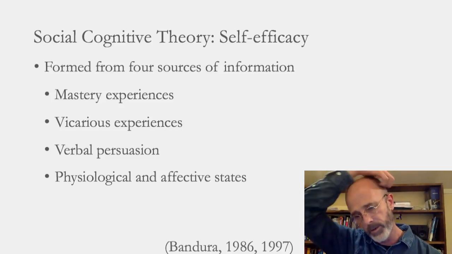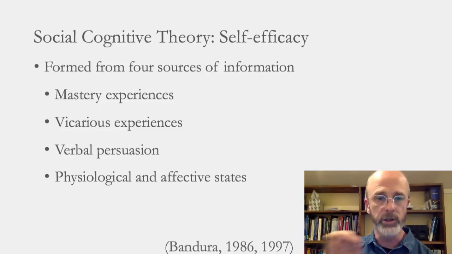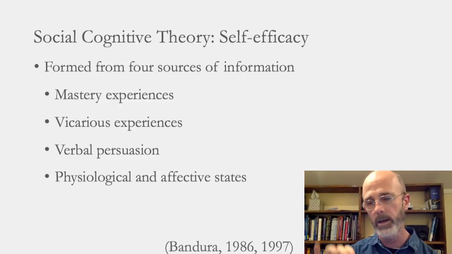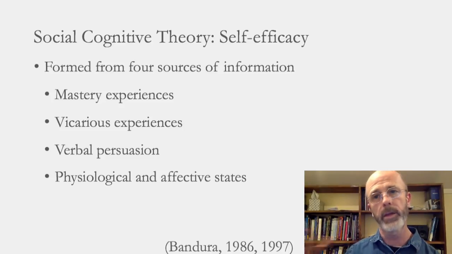Vicarious experience: if I see somebody who I judge to be like me in important and relevant ways, achieving that goal, performing that task accurately, then I'm going to have some confidence that I can do it.